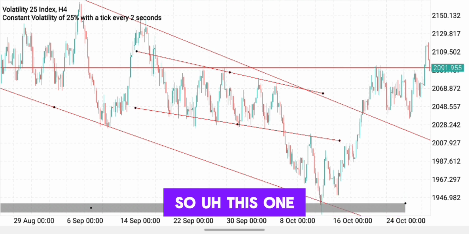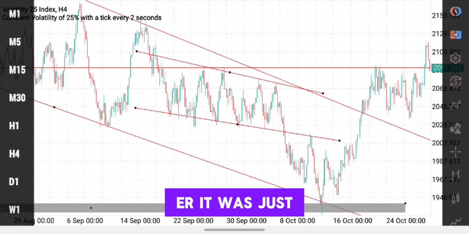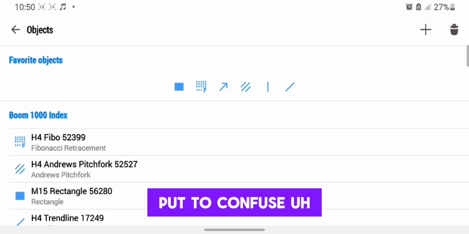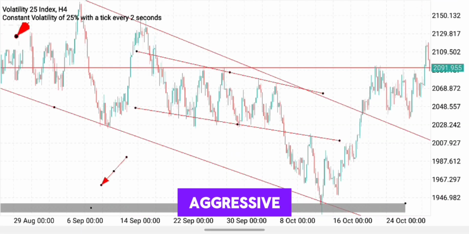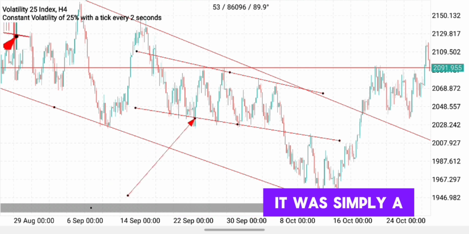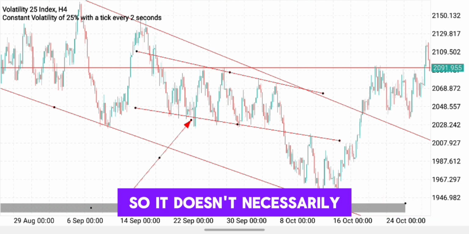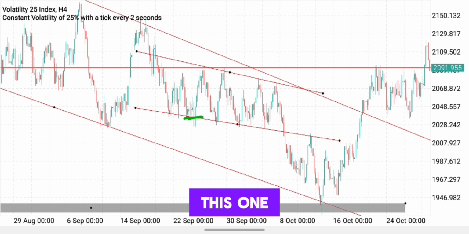This one was just a fake out, as you can see right here. It was just put there to confuse traders who are very aggressive. Let me show you this one. It was simply a fake out, so it doesn't necessarily work in the market.